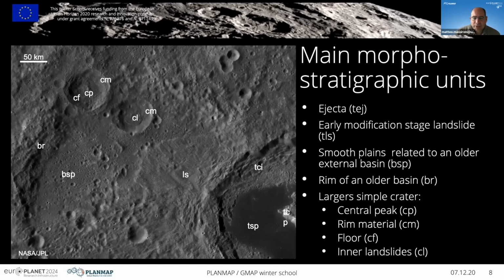And then you may have even deformational effects that can happen after the crater formation, and they are really landslides within the crater. In this case, you may find it in the simple crater that you see here to the right.